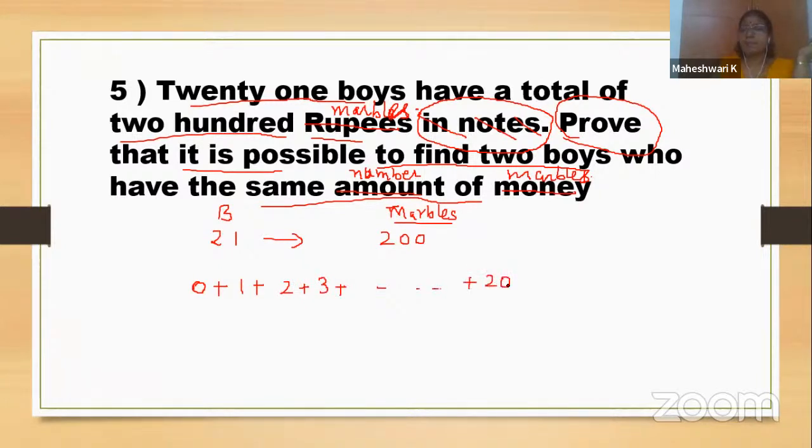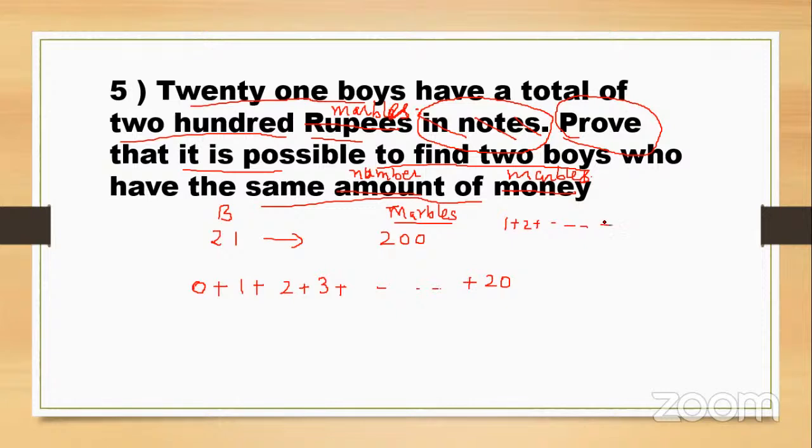Shall I say something? Yes, please. Suppose we assume all the boys have some number of marbles, so we take two conditions. In the first case, all the boys have some amount. We add 1 plus 2 plus 3 up till 21, which gives 231, more than 200.